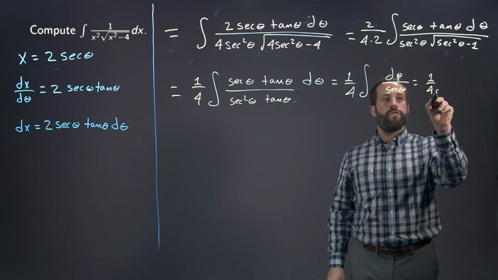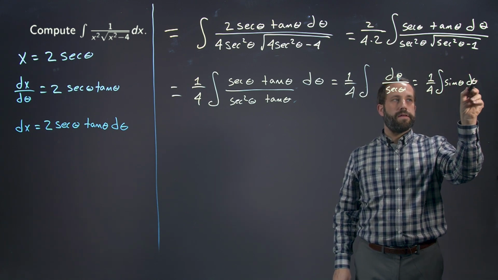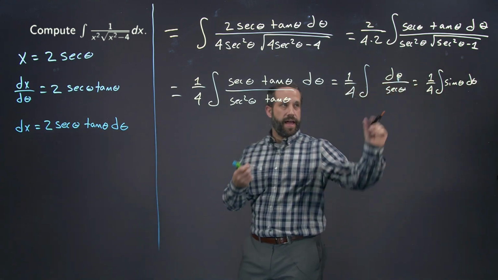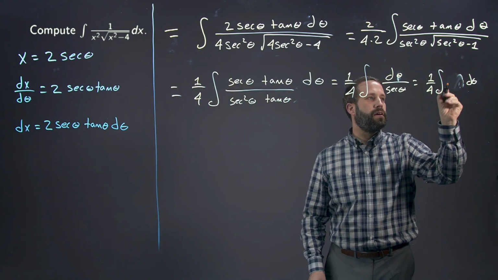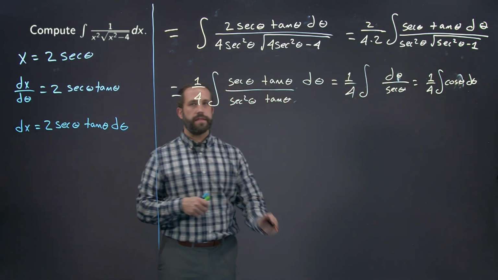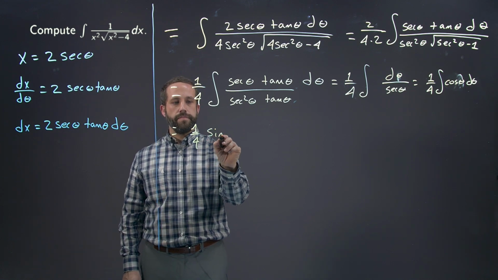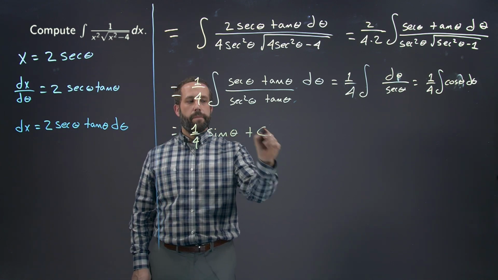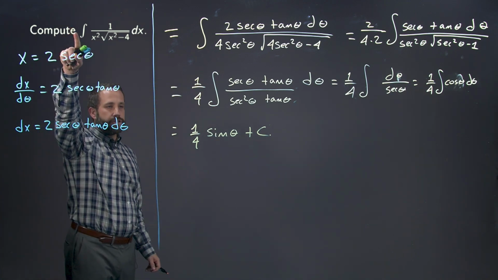So this is 1 over 4 times the antiderivative of, sorry, not sine theta, cosine theta d theta. The antiderivative of cosine theta is sine theta. So this is 1 over 4 sine theta plus c.